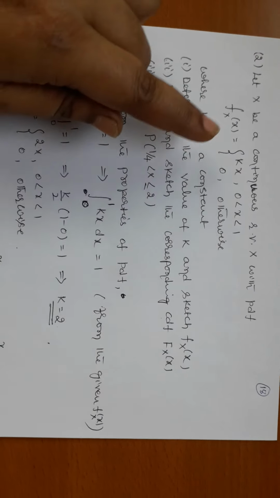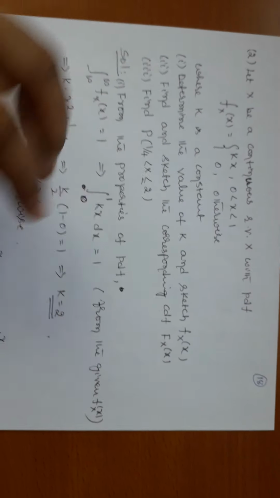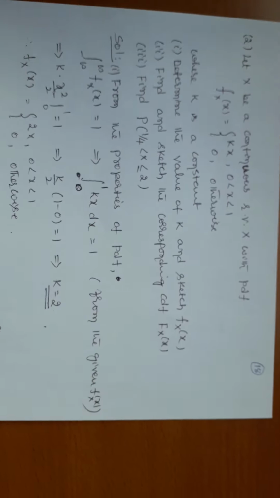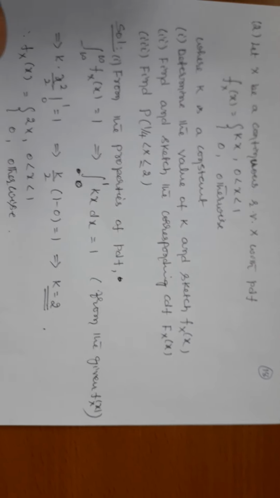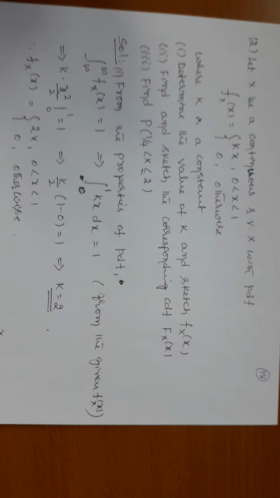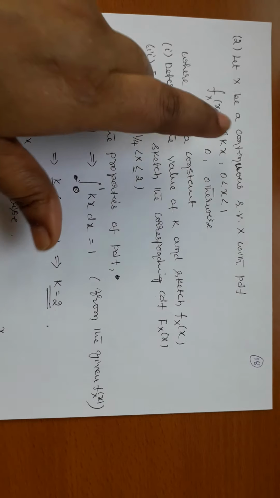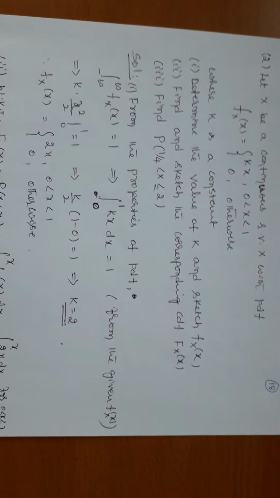Observe this is a problem with a continuous variable. From the properties, because they have not given any values like in the previous problem, where they gave P of A, P of B, P of C, P of D. There they gave each and every possibility with the corresponding probabilities. But here they define the range for x as 0 to 1, and in other cases it is 0, therefore it's continuous.